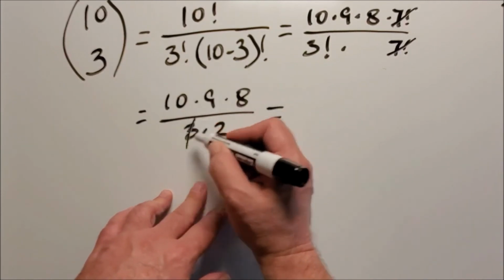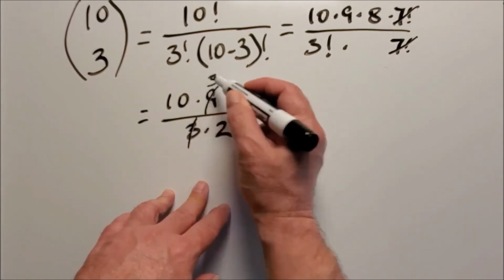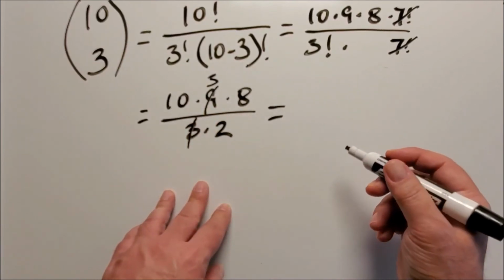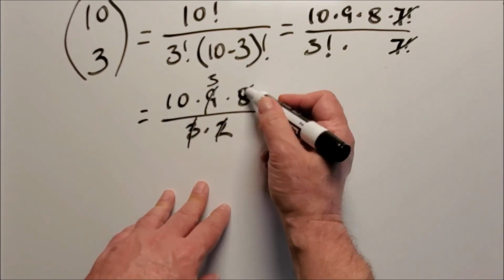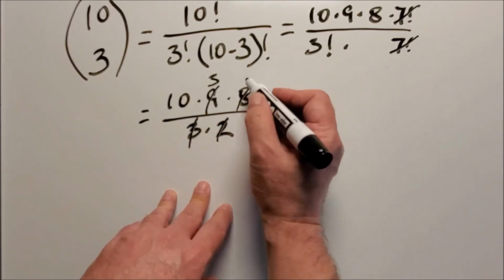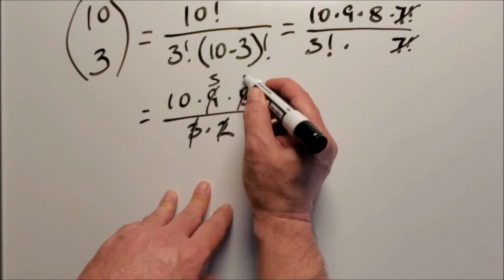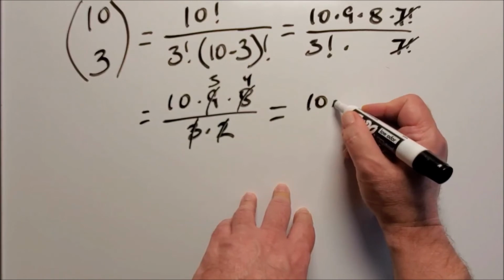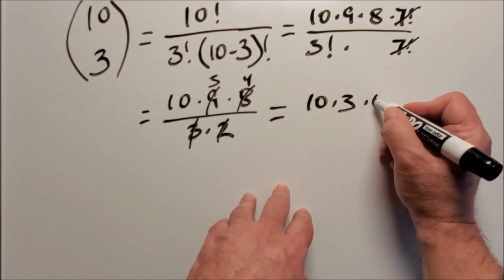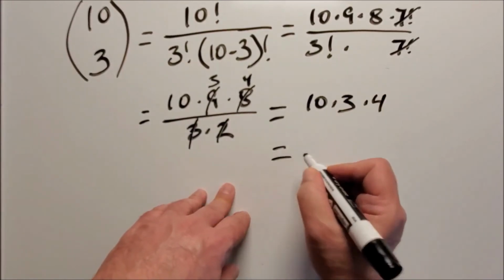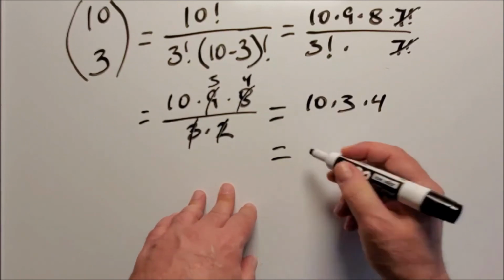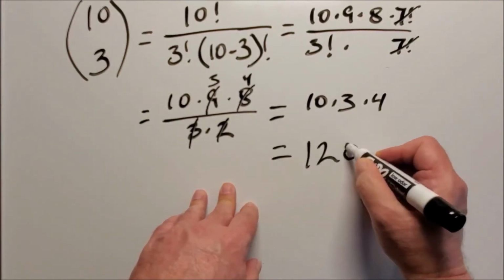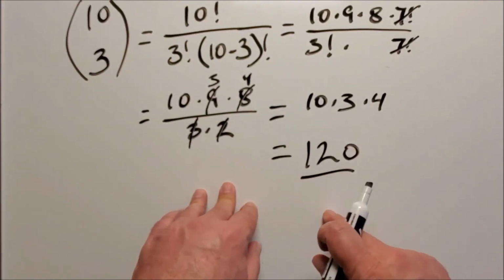For example, 3 cancels with one of the factors of 9, and 2 cancels with part of the 8, because 8 is just 2 times 4. So I'm left with 10 times 3 times 4. And a little thought will tell you that's 10 times 12, which is 120. Okay, so we need that.